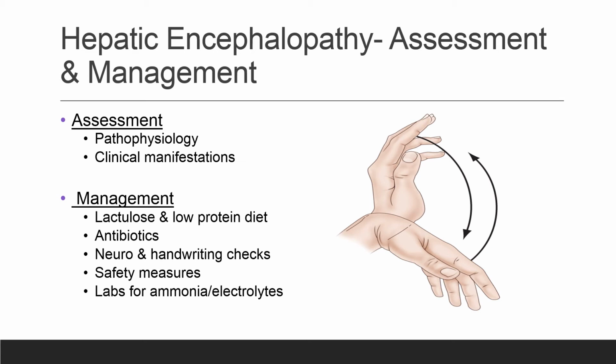Keep in mind some of the potential nursing diagnoses with hepatic encephalopathy would include issues related to disturbed thought processes, along with risk for aspiration, impaired gas exchange, impaired mobility, impaired nutritional intake, risk for injury, and so forth.